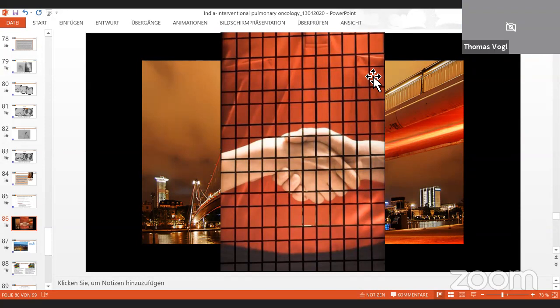So I would currently prefer microwave. We do a lot of cryo in primary breast cancer. We do it in renal cancer, and from time to time I've seen bleeding, especially in the warm-up period. So in the lung parenchyma, I would be very careful with cryoablation.